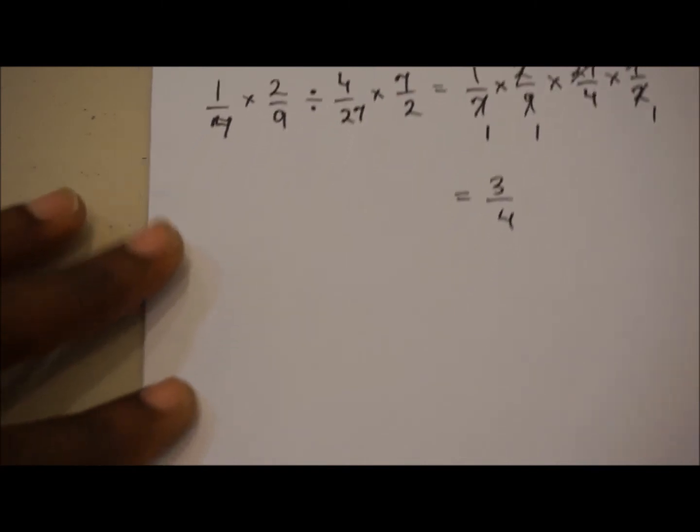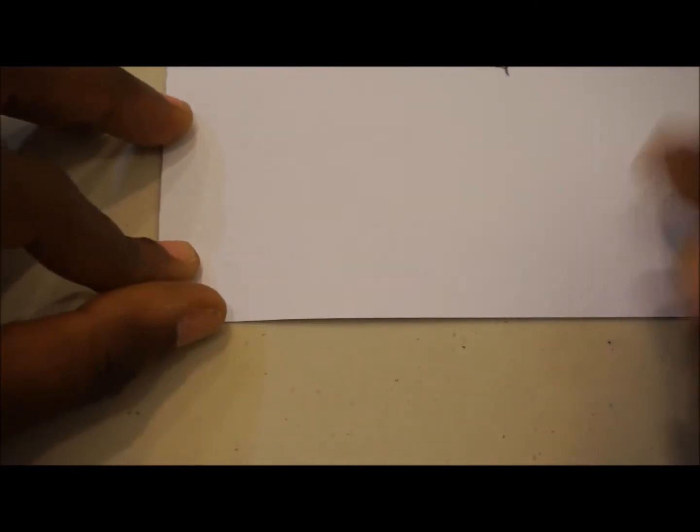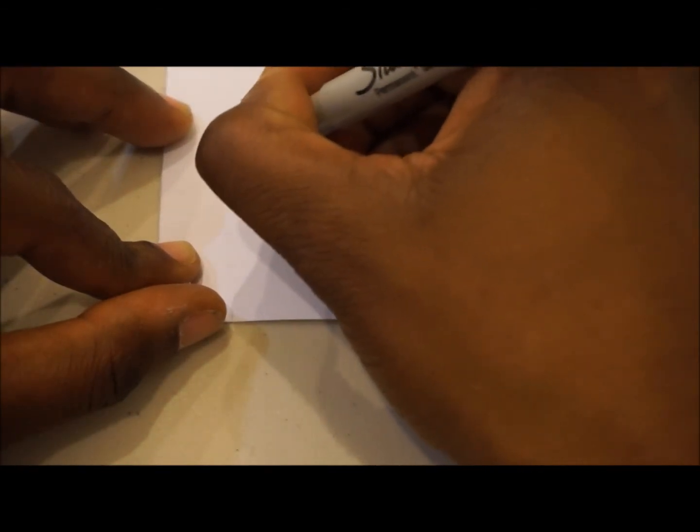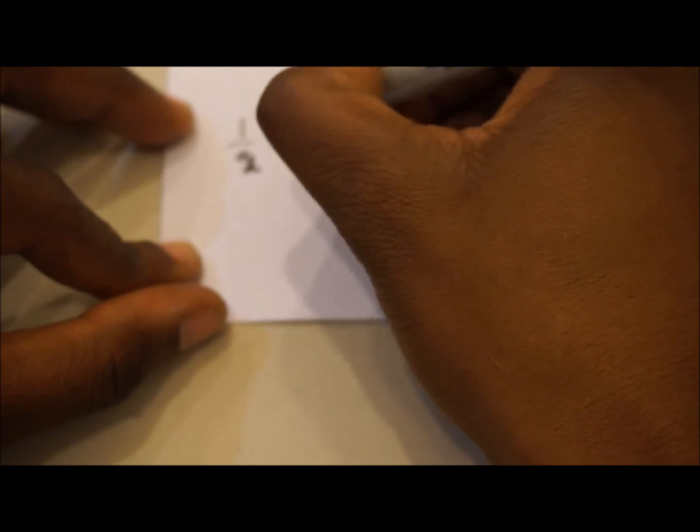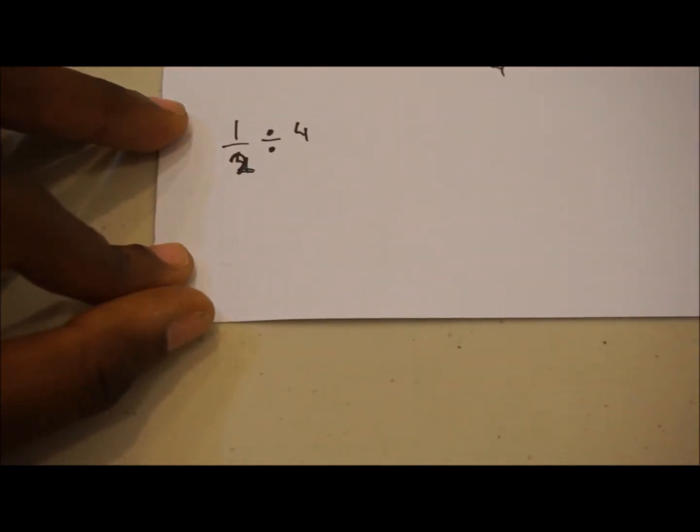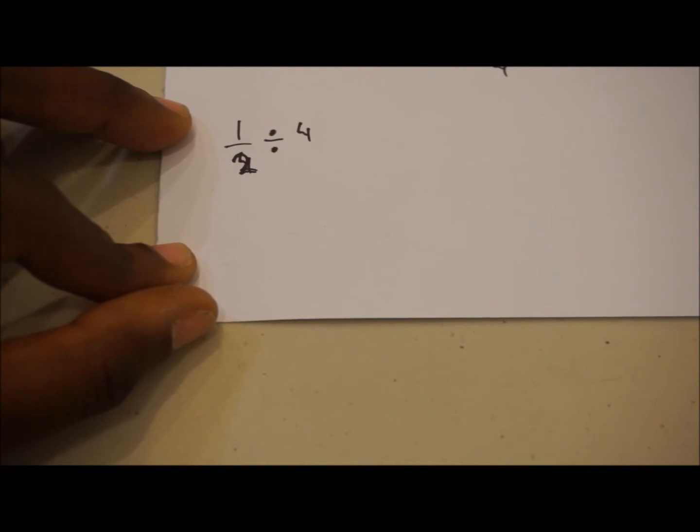One more problem. I have this issue here now. A half divided by 4. If I have a division such as this, I have to recognize that 4 can be written as a fraction. So I try to make it look like a fraction.